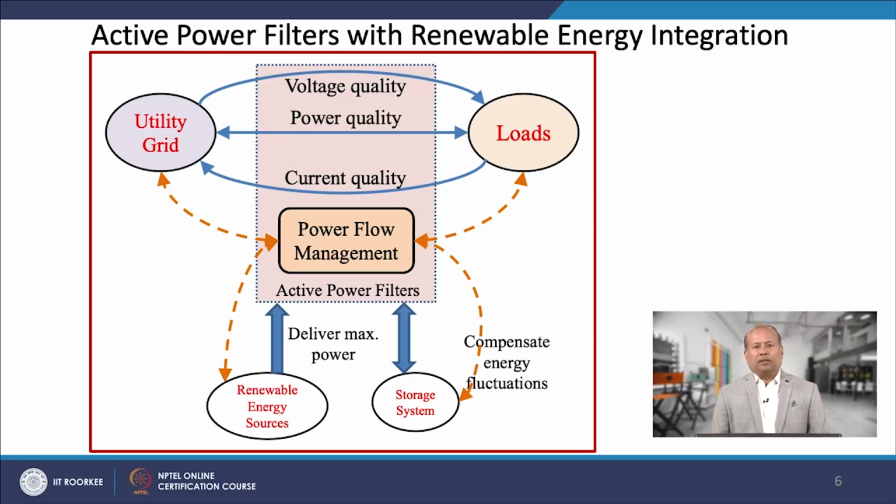In addition, renewable energy sources such as solar and wind are integrated at a common DC link of the active power filters, as shown in the slide. Thus, the renewable energy sources feed power to the load and excess power to the grid.